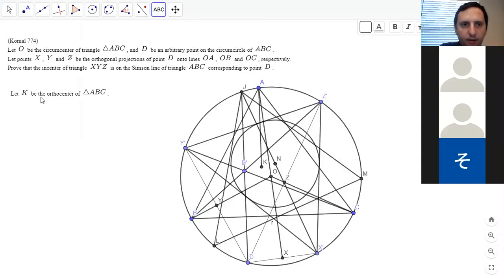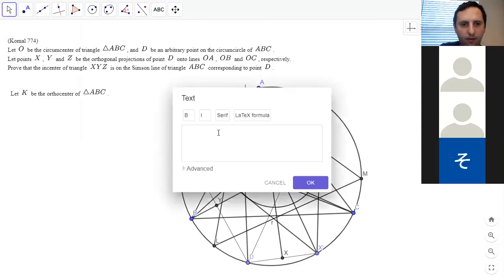Let DX, DY, and DZ meet the circle ABC at X prime, Y prime, and Z prime.